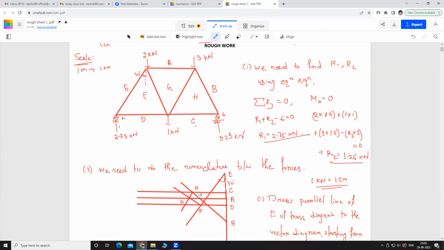So when we draw properly using scale, you can get that this line from F is parallel to this one.